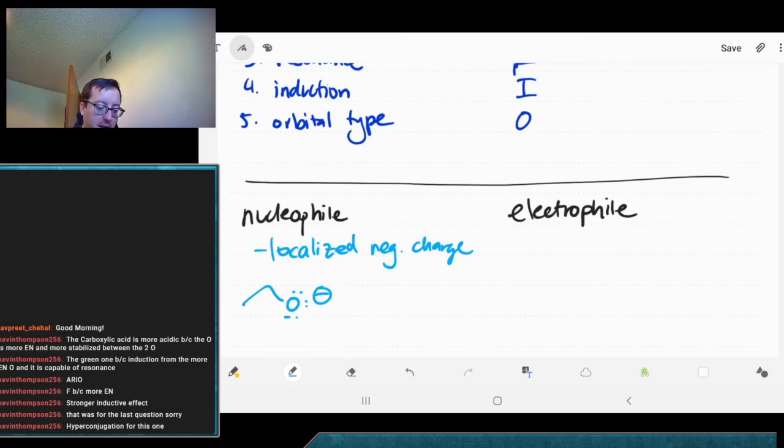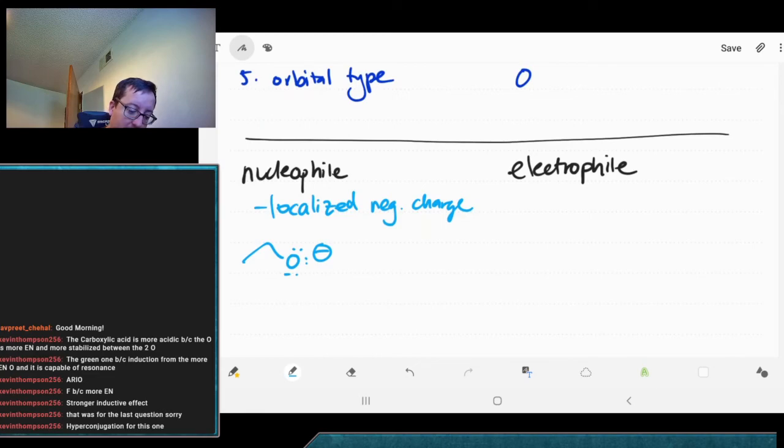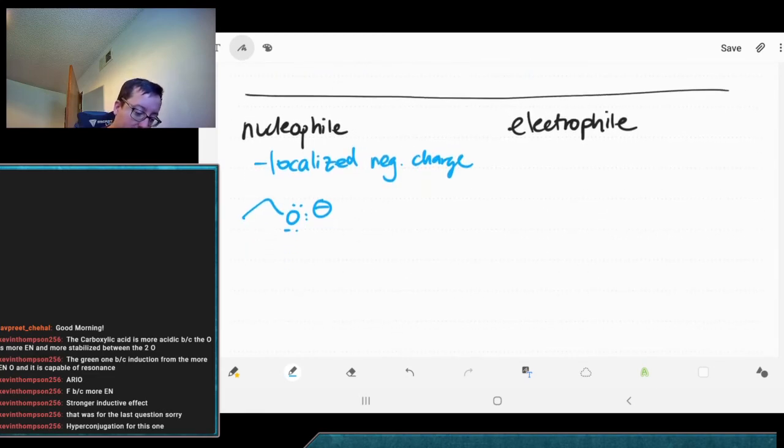We're going to see that something with a localized negative charge, we're going to more likely call a nucleophile. It's going to attack a nucleus later. We'll see how that works in a few chapters. So we're going to, again, hold off on formally defining these. If not, we're looking at lone pairs on electronegative atoms.